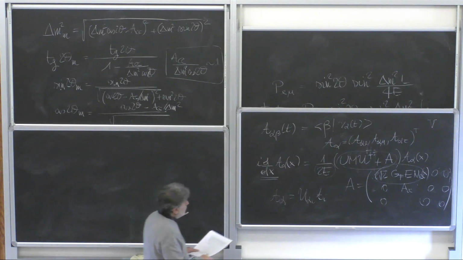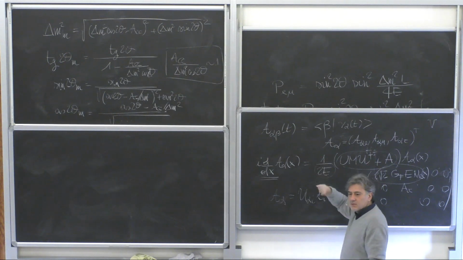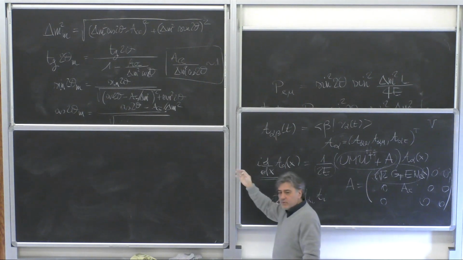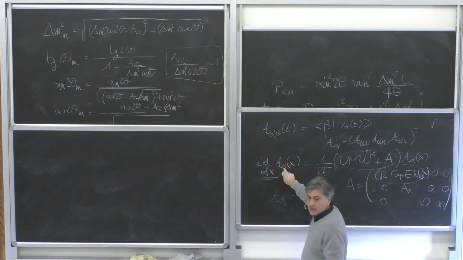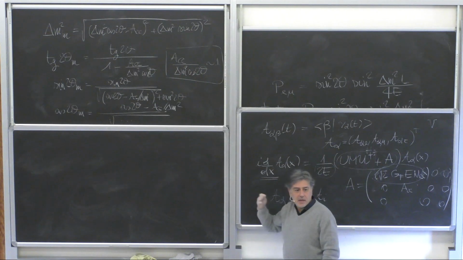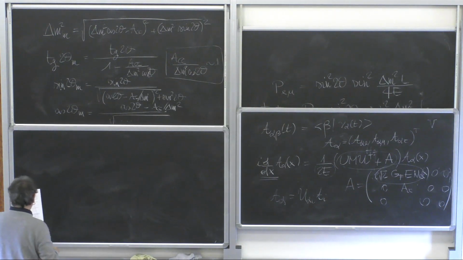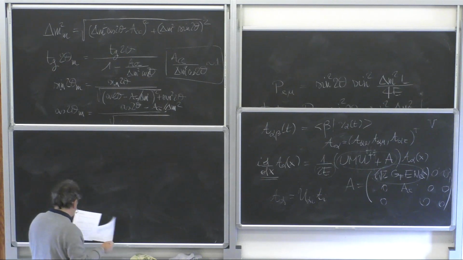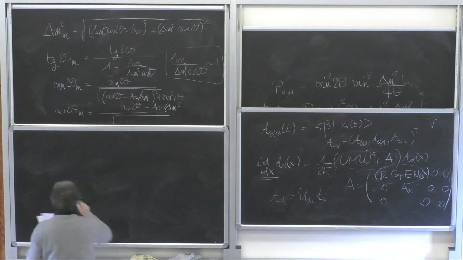Okay, now to obtain this equation, we change the basis. We go from flavor to matter basis, and imagine to do this basis change here. You will have a new matrix, and when you take the derivative, now you have to consider the possibility that also U changes. And the result is that the equation is this one.